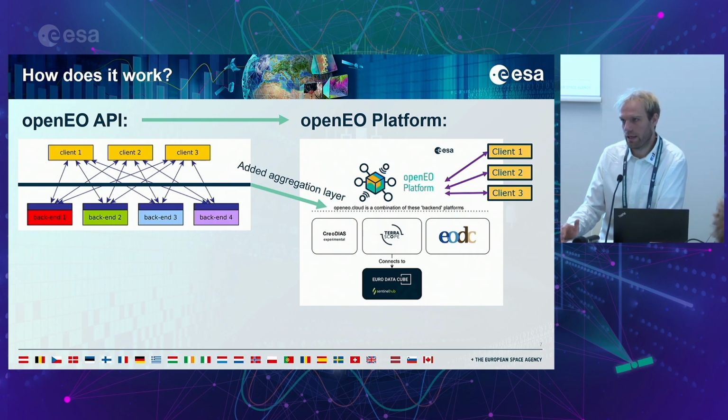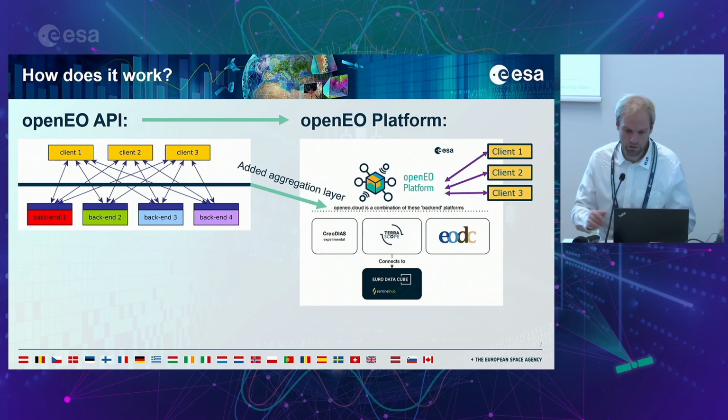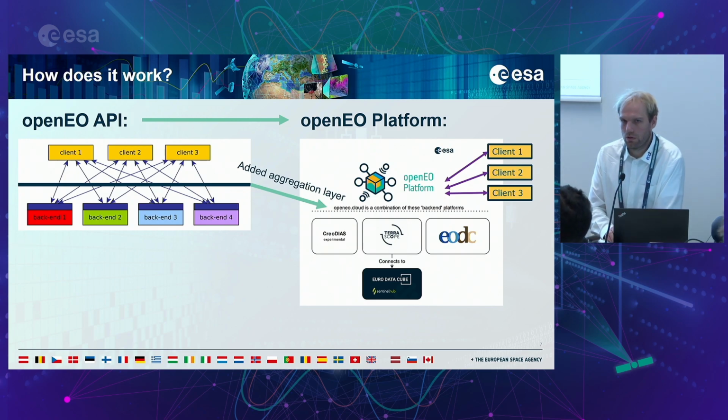You can just send it to the OpenEO platform endpoint, your Earth observation analysis, and then it's basically scheduled on the correct deployment of OpenEO platform. Also, this allows multi-cloud processing, for instance.